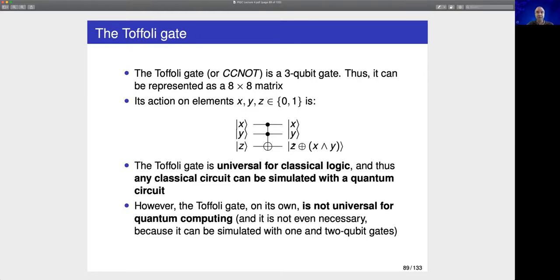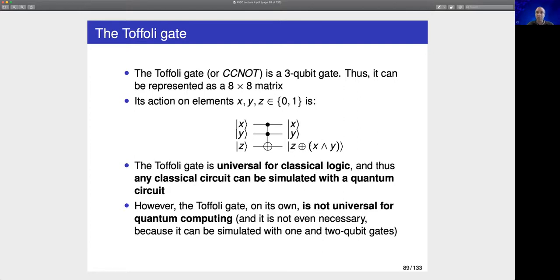And we can express this as this logical formula, this Boolean formula here. This is the XOR, and we are going to add to Z with this XOR the conjunction of both X and Y. Remember that this is the AND, the classical AND gate. So this is going to be 1 if both X and Y are 1, and it's going to be 0 if either X is 0 or Y is 0.